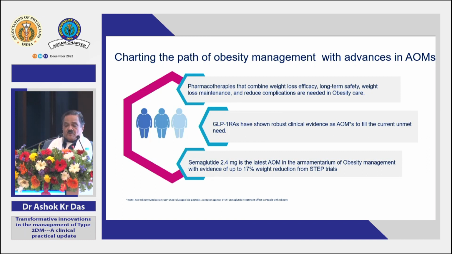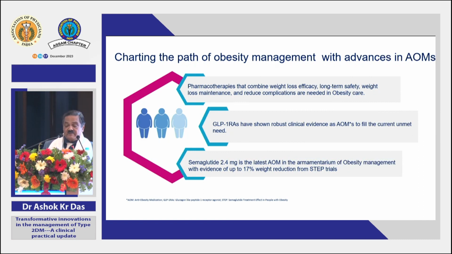Pharmacotherapeutic principles and very efficient drugs like GLP-1 RAs are very efficient anti-obesity medications, and oral semaglutide, the oral GLP-1 RA, that's called protein in a pill, is the number one which has come to India. It came to India within 5 months of its introduction elsewhere in the world, and 2.4 milligrams is not yet available.